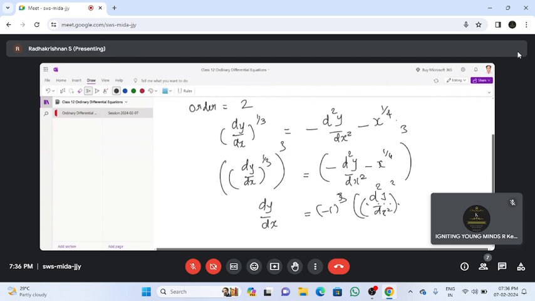Then what comes next? Plus 3 times d square y by dx square whole square into x power 1 by 4 and so on. That's a square term of the d square y by dx square term, times the x term. But that doesn't matter. We are only interested in what is the highest power. So it is 3.